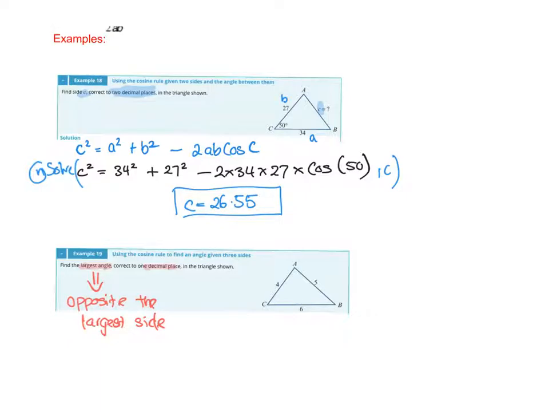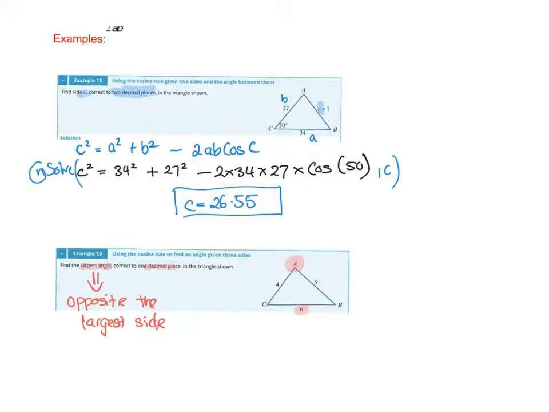In these triangles, it's still the same. So find the largest angle. Because 6 is the largest side there, A is going to be the largest angle. So you need the angle A rule.